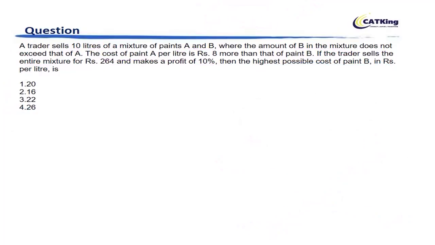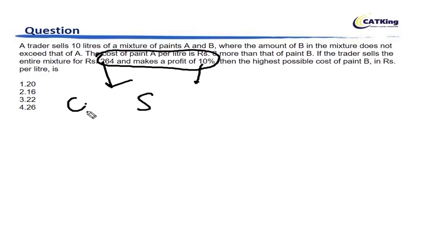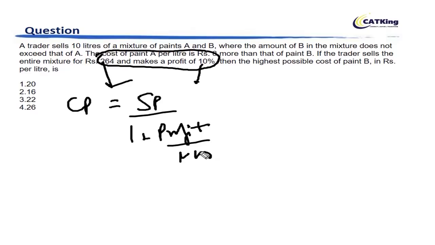Okay, so guys, what's the concept involved here? The concept involved is the basic profit and loss, converting selling price into cost price when profit is given. That's the first concept. Cost price will be selling price divided by 1 plus profit percent by 100, right? This is the way you can calculate cost price.